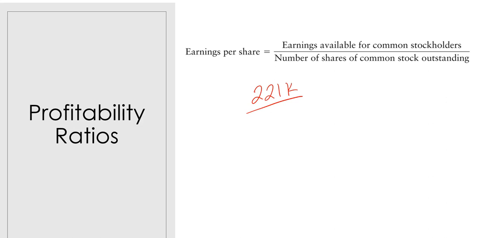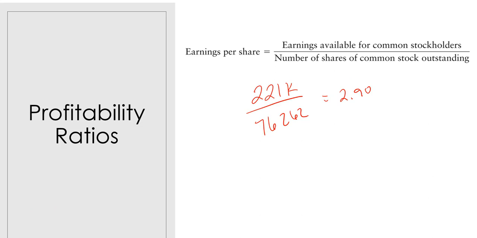One way that you can always find it is to take the dollar amount beside the par value of stock and divide it by the par value. That gets you shares outstanding as well. But it's usually listed as a footnote somewhere, as it is in our table. So it's 76,262. And that gets us $2.90 per share of stock. We have earnings attributable to each share of stock of $2.90.